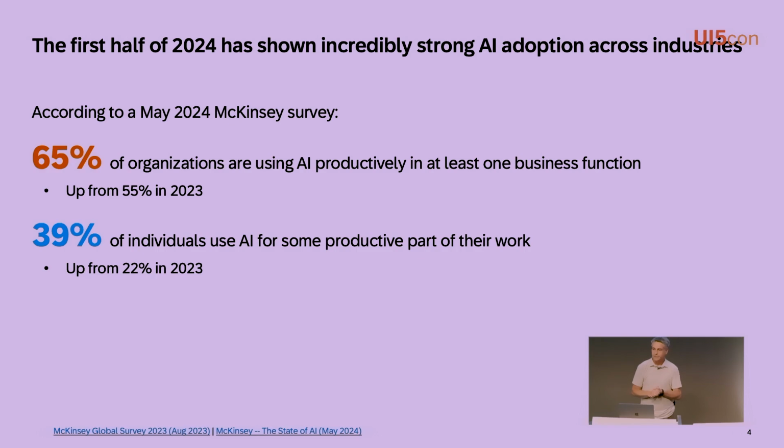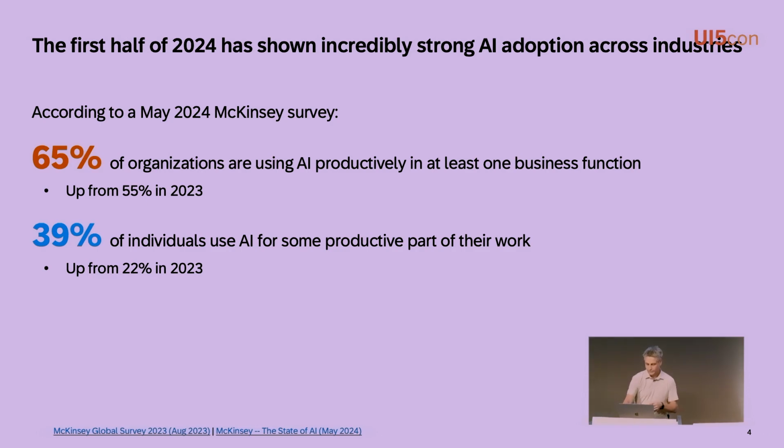This year it's already 65%. Similar for individuals: last year 22% used AI in their daily business, and it's up this year to 39, almost 40%. What does that mean for us?